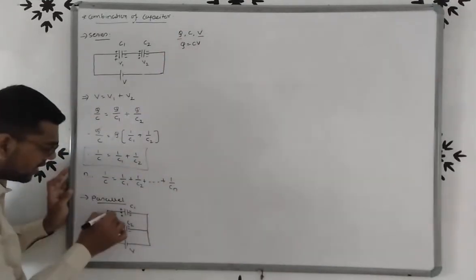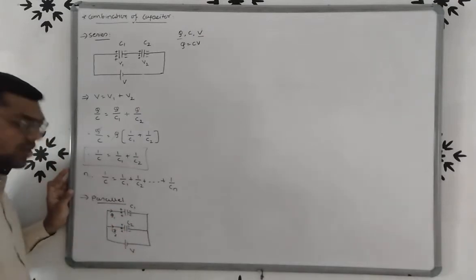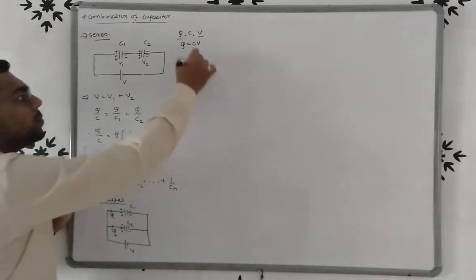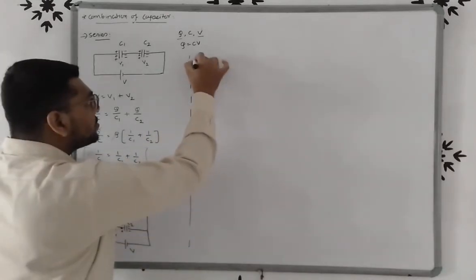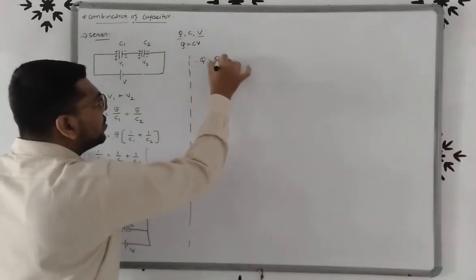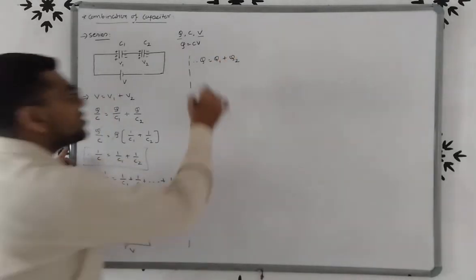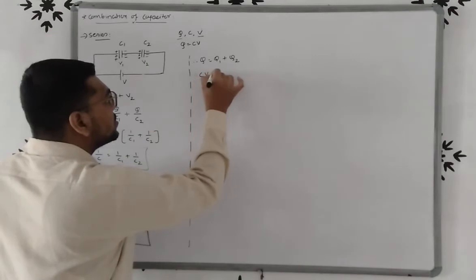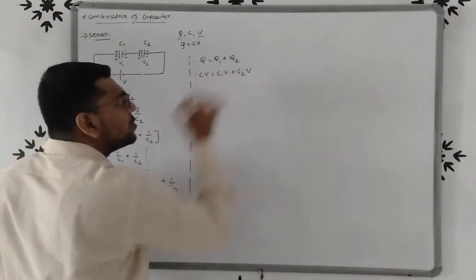So here for capacitor C1 charge is Q1 and for C2 charge is Q2. So for parallel combination we can write Q is equal to Q1 plus Q2, but we know that Q is equal to CV. So Q1, that is C1V, plus Q2, C2V.